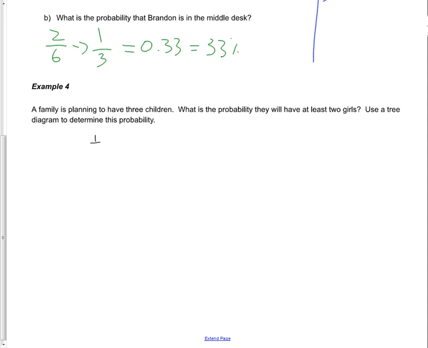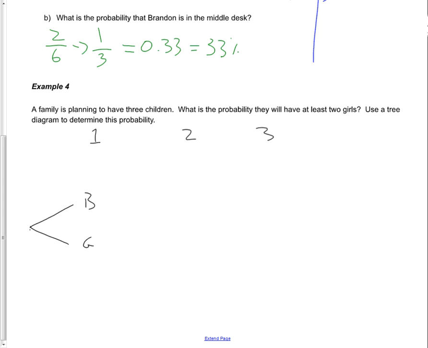There's child number 1, child number 2, and then child number 3. We want to figure out the probability. The first child can be either a boy or a girl.